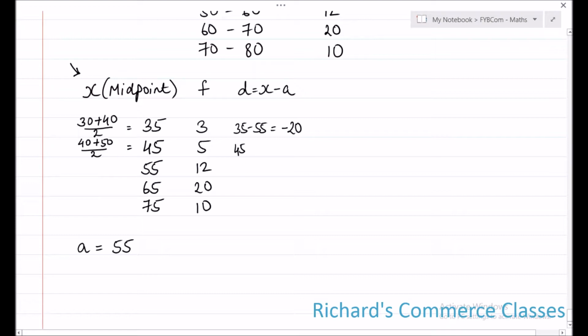The next 45 minus 55, the answer is minus 10, and so on. 55 minus 55, that is 0. 65 minus 55, the answer is 10, and 75 minus 55, the answer is 20.